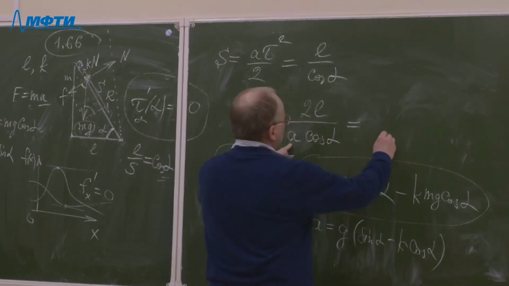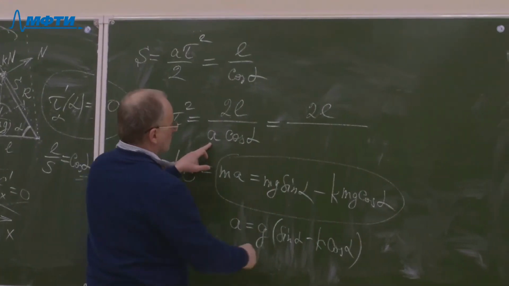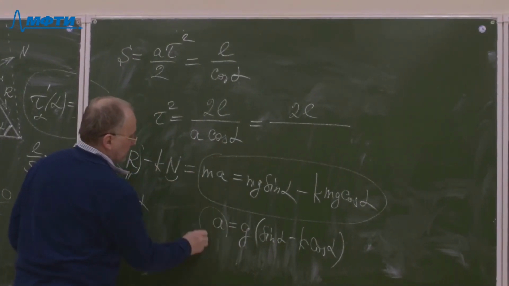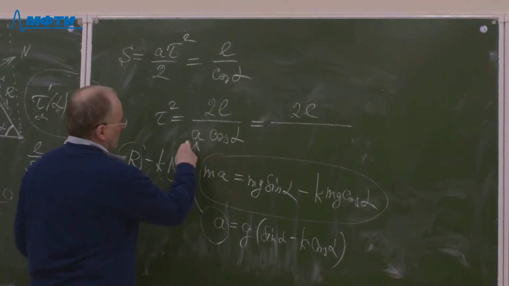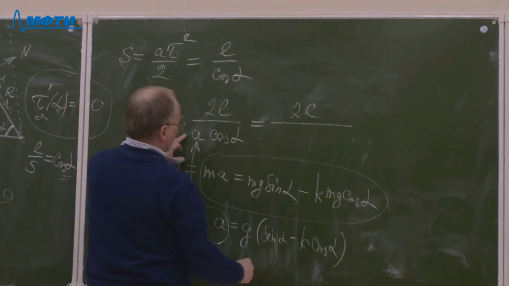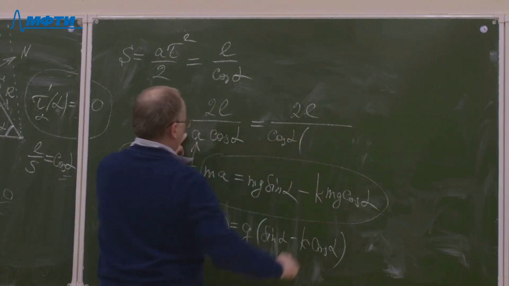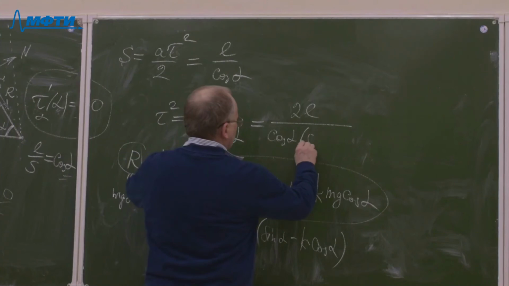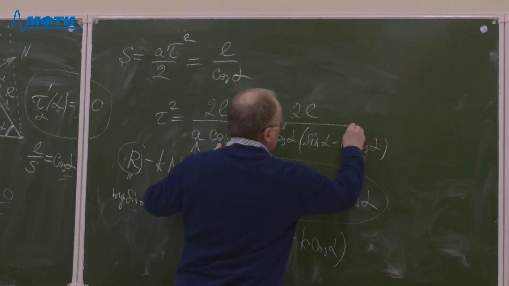That's what we need here in this particular formula. We need acceleration as a function of alpha. So I take this expression for acceleration and substitute it for acceleration a in this formula. And I will obtain cosine alpha, and in round brackets, sine alpha minus k cosine alpha.